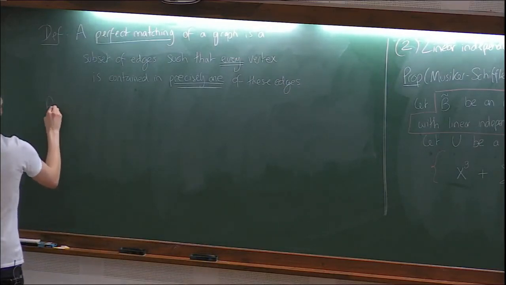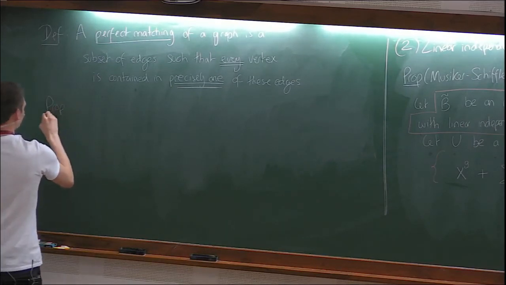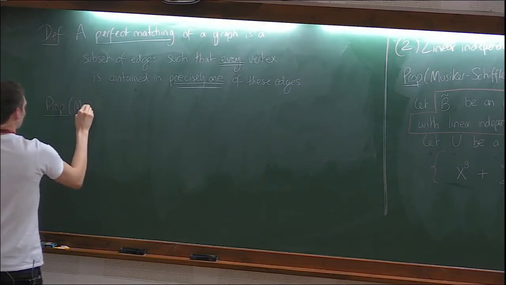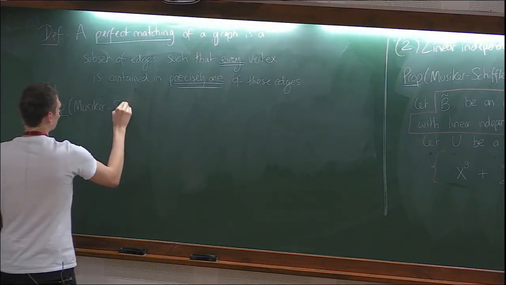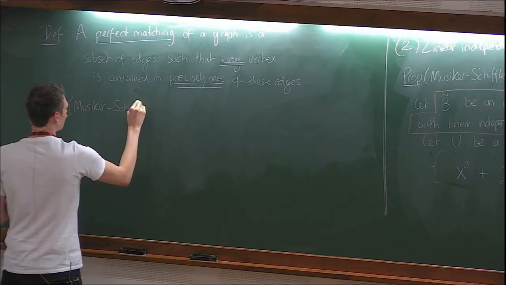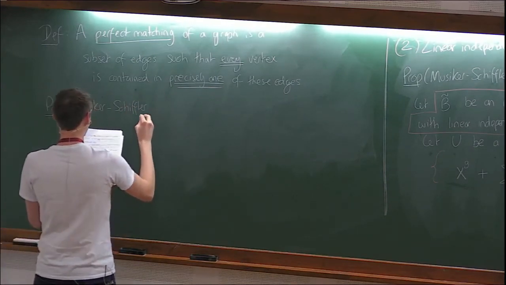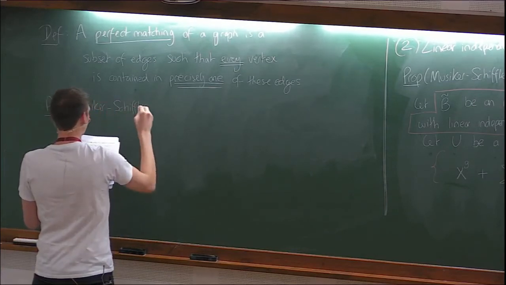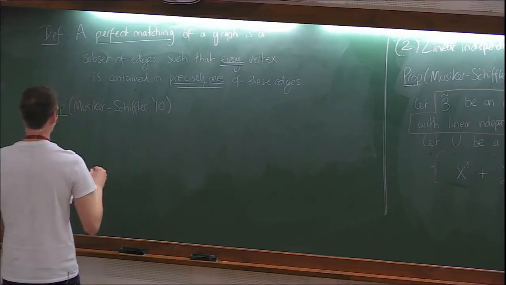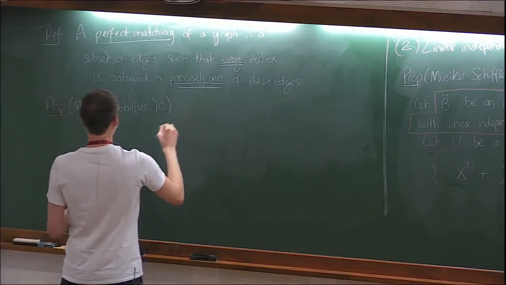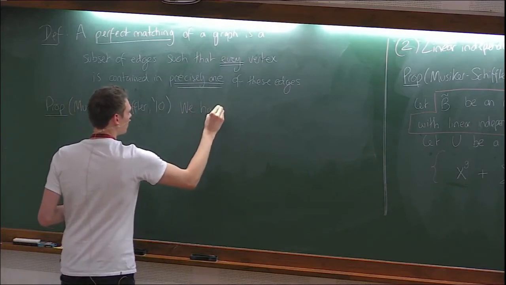So we have the following proposition due to Musiker and Schiffler, which links the t-paths and perfect matchings of the snake graph. We have the following bijection.